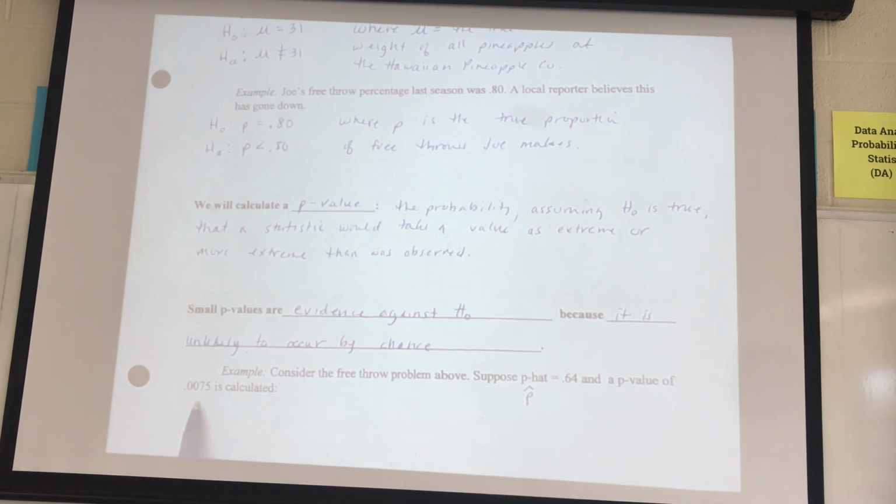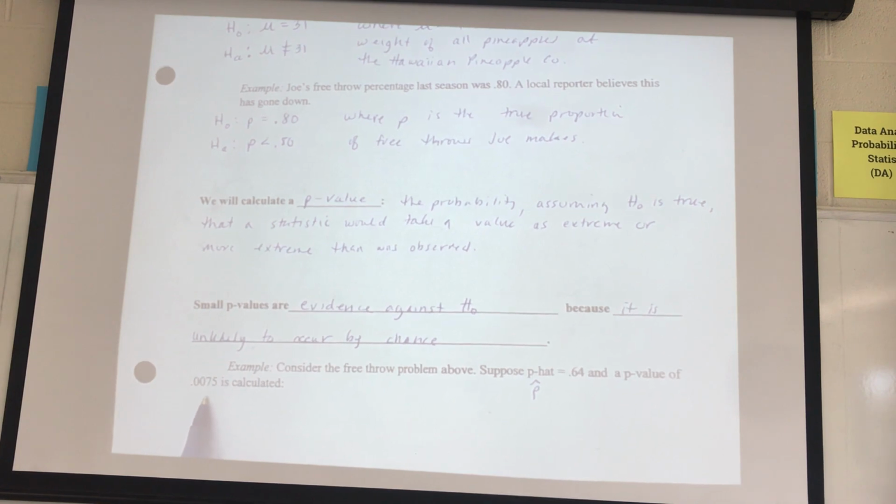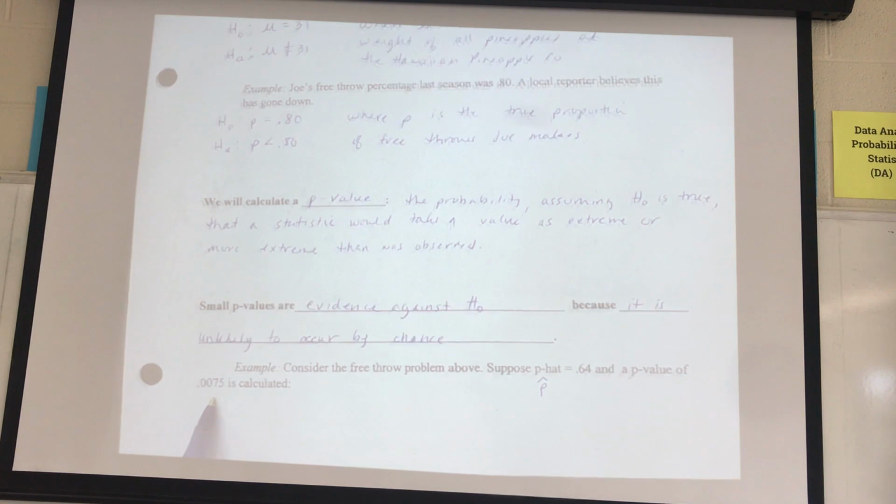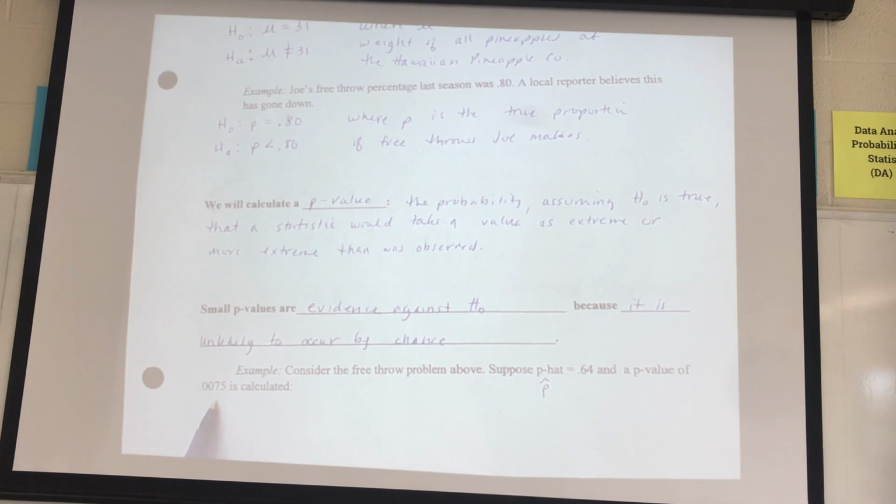That is a teeny tiny p-value. That is really good evidence against the null hypothesis. We feel pretty good saying, yeah, I don't think that his free throw is 0.80 anymore. I'm pretty sure that it's gone down, right? So let's write down exactly what this p-value of 0.0075 means.